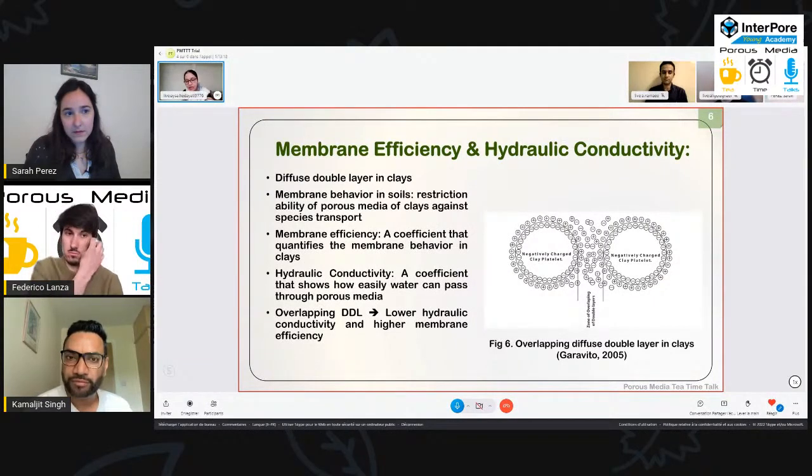This behavior is called membrane behavior, which is quantified by a coefficient called membrane efficiency. Hydraulic conductivity also shows how easily water can pass through porous media. By increasing the overlapping of these diffuse double layers, we expect the hydraulic conductivity to decrease and the membrane efficiency to increase.